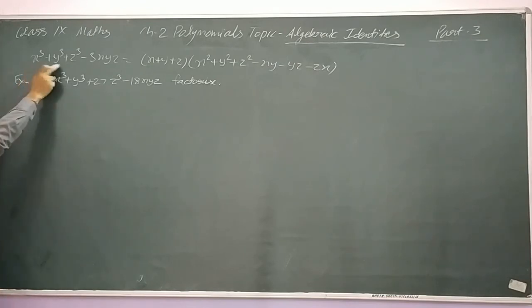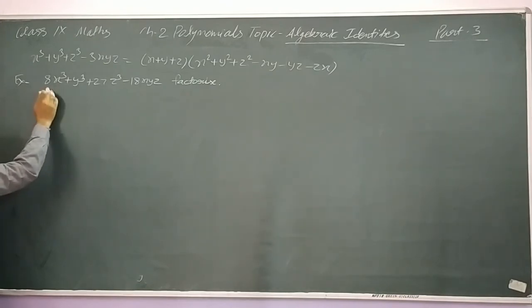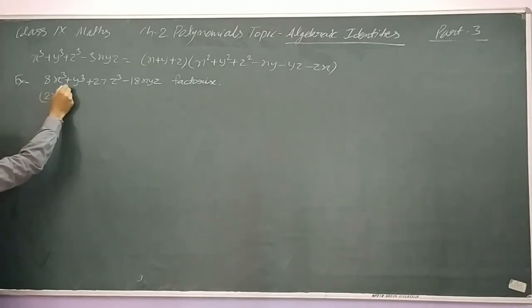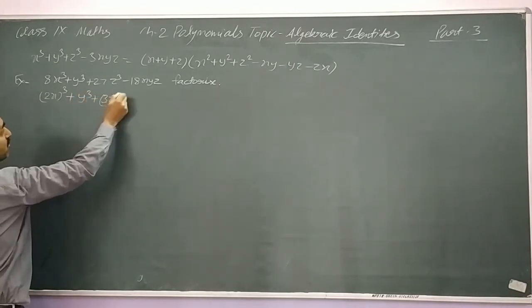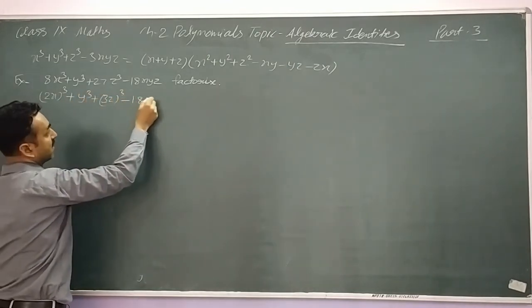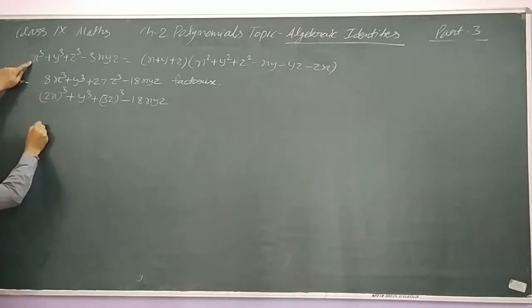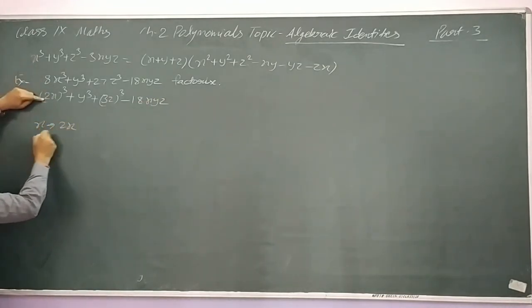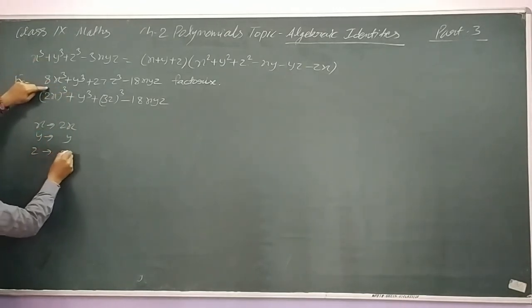First we make whole cubes: (2x) whole cube plus y cube plus (3z) whole cube minus 18xyz. Now we compare the variables: x is 2x, y is y, z is 3z.